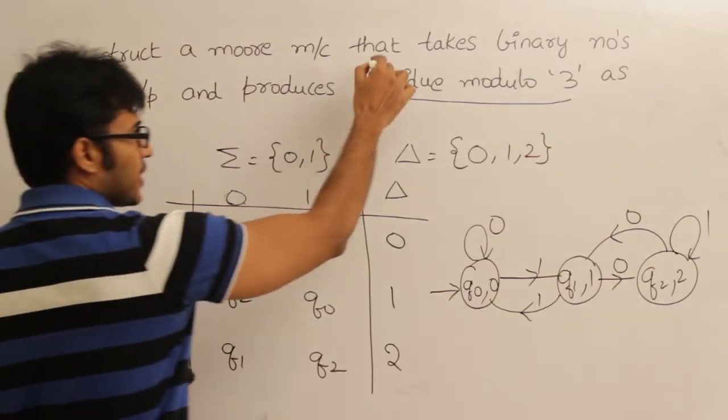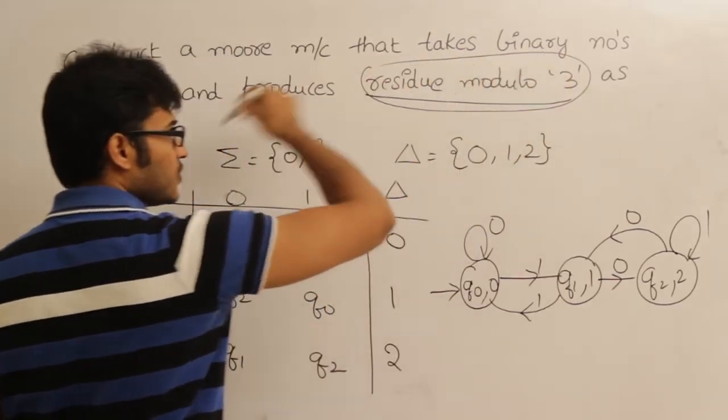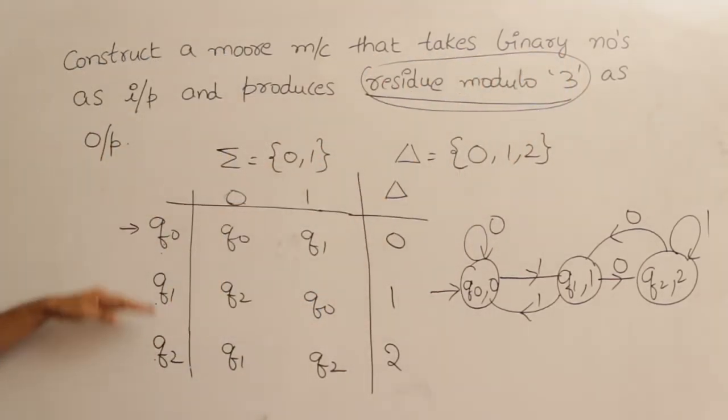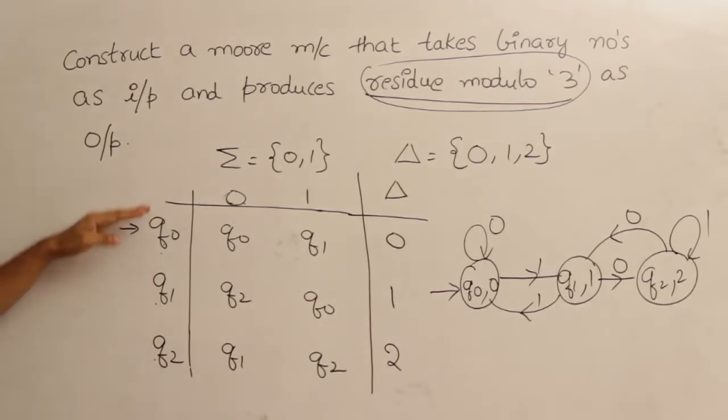For such a question, whenever it is divisible by 3 or residue modulo 3, it is easier to go with this particular kind of state transition table. The reason is that you can even extend the question to other levels.